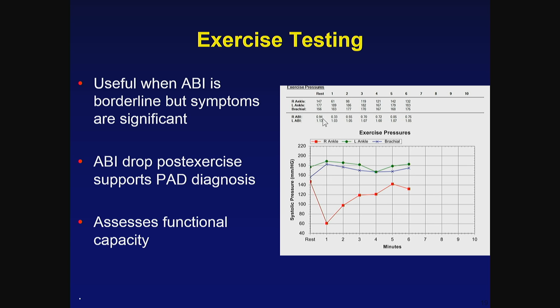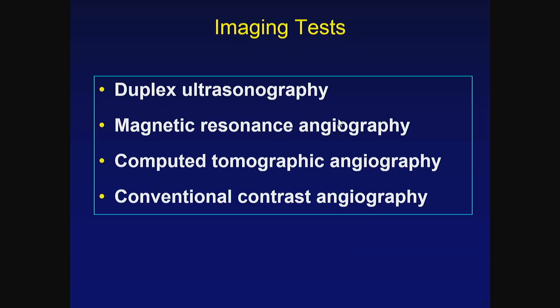Any drop of 20% or more from the resting ABI is consistent with a hemodynamically significant disease. This scenario is commonly encountered in patients with iliac artery disease who may have a moderate or even severe disease without having an abnormal resting ABI. It, however, invariably becomes unmasked during exercise.